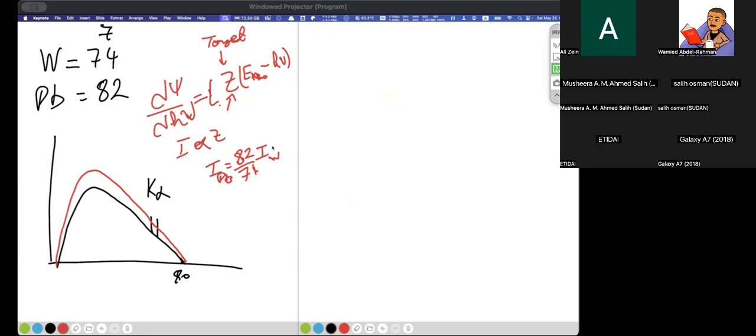For lead, what's the K binding energy? I think it's 88. Okay. So if we have such a beam, can we get a vacancy in the K shell? No, because we have 80. We will not be able to. Then actually we will not get K alpha lines.